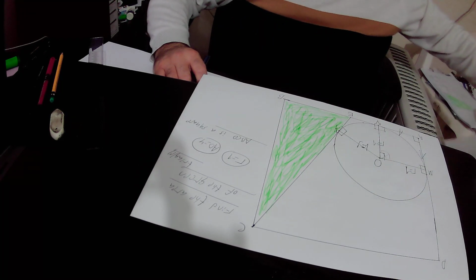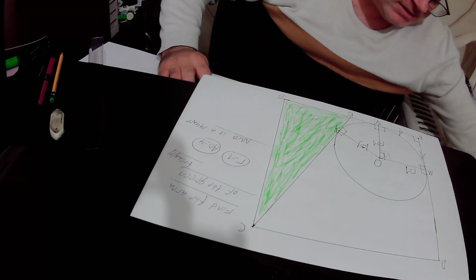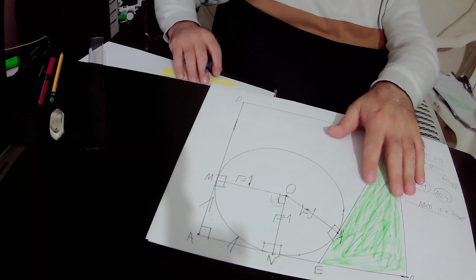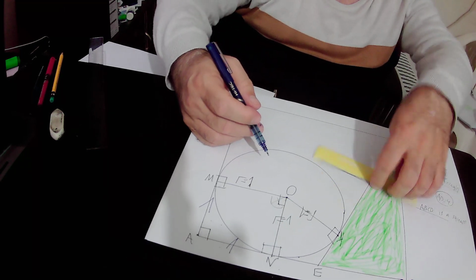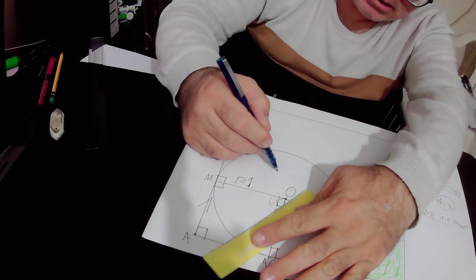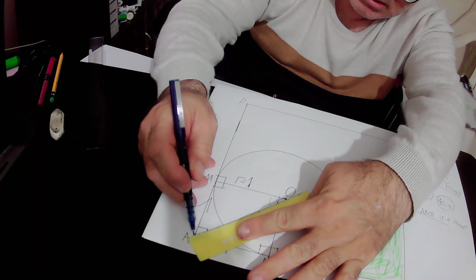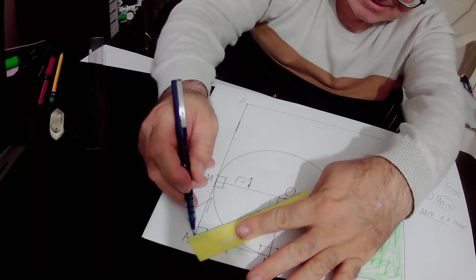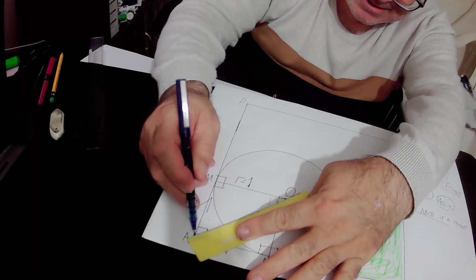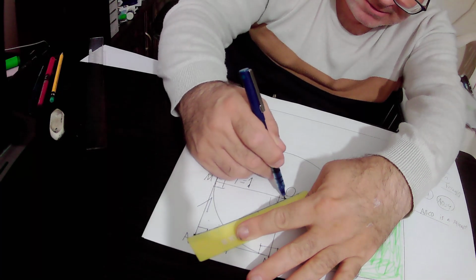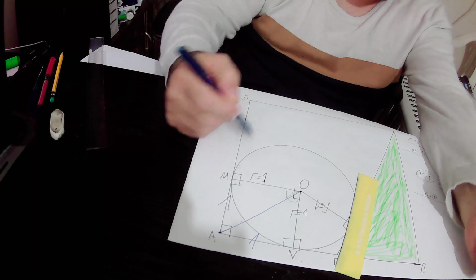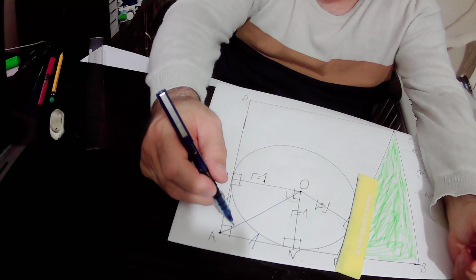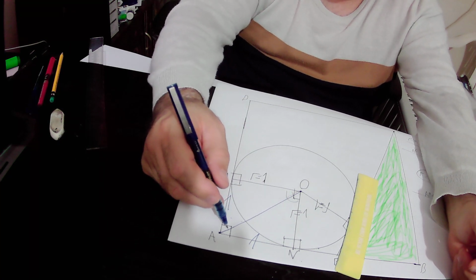So actually, according to rule number 6, the diagonal OA, this diagonal, bisects angle DAB into 2 angles of 45 degrees.